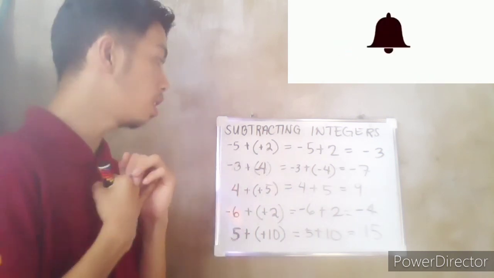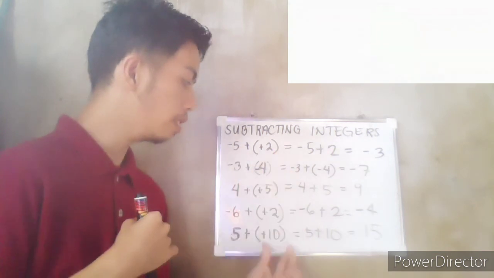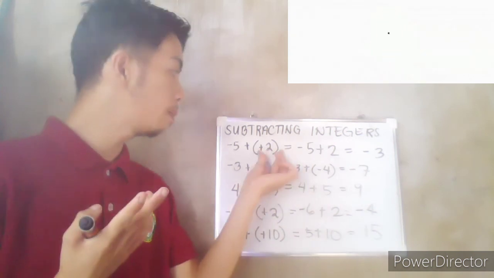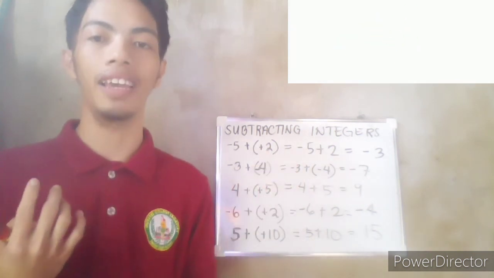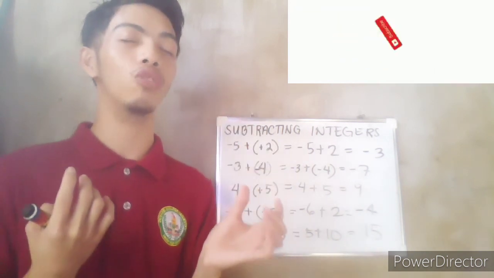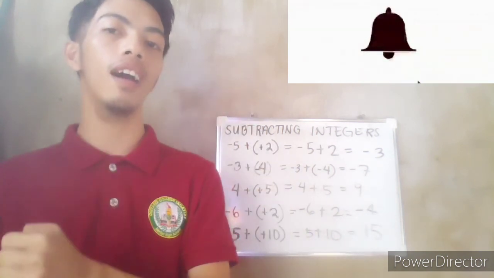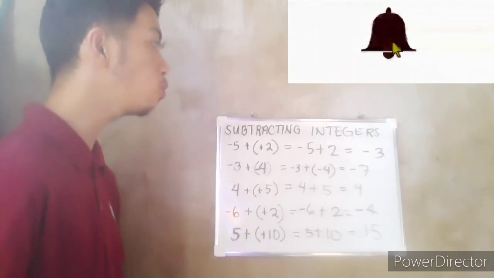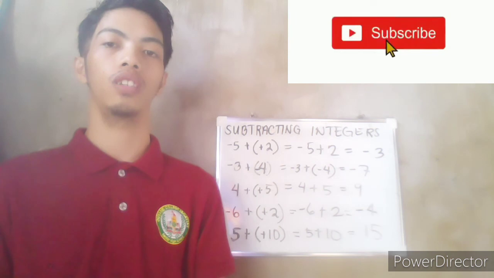You should know the sign of the subtrahend. And then, you should change the sign of the subtrahend. So, nung ma-change na ang sign ng subtrahend, gawin mo siyang addition. Saka mo i-apply ang natutunan mo on how to add integers.